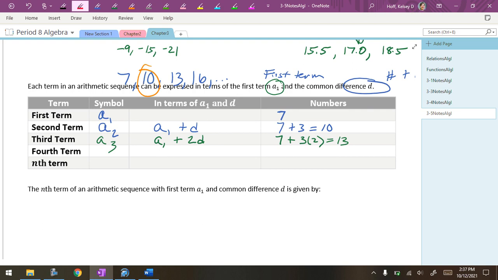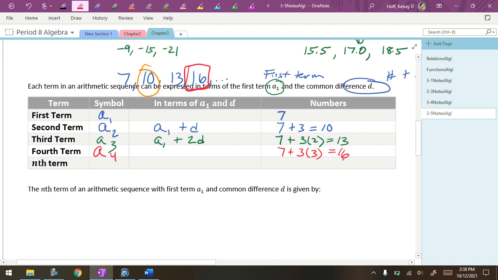All right, fourth term as a symbol would be A of 4. Go over here to numbers. What is my fourth term? 16. I need to write 16 using only 7 and 3. Thoughts? 7 plus 3 times 3. 3 times 3 plus 7 is 16.